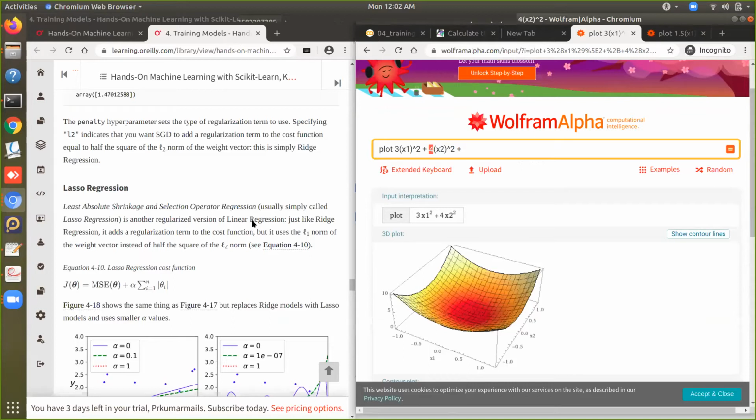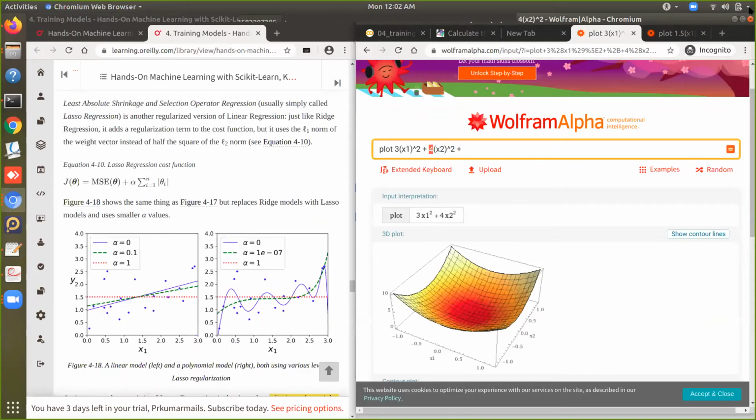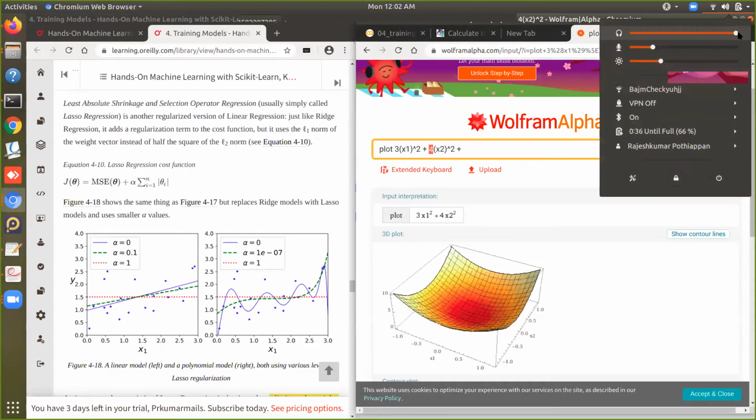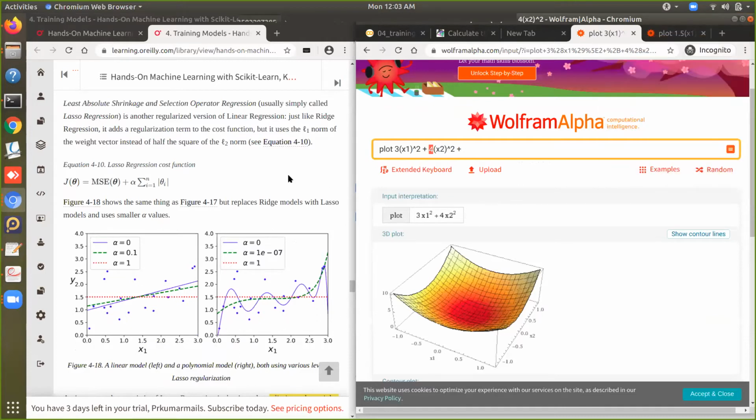So the term norm is the equivalent of absolute value applied to a vector? Correct. This is the L1 norm.